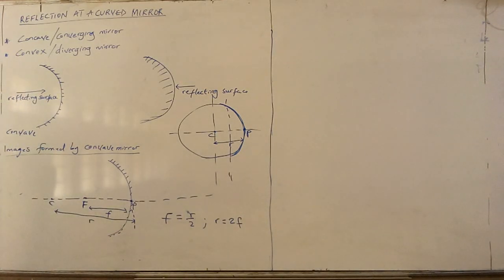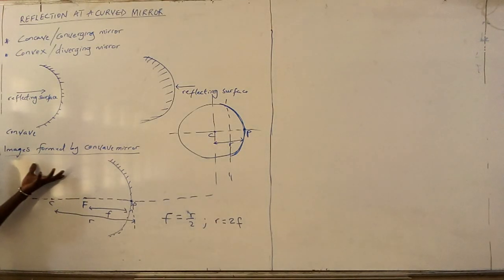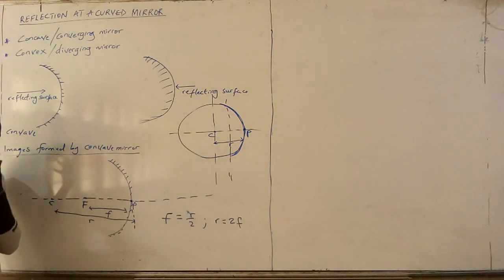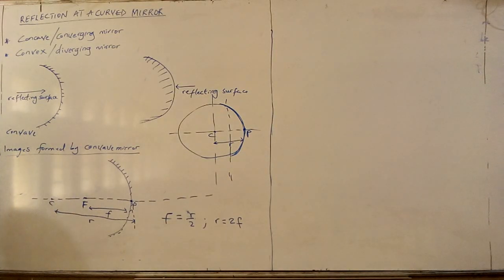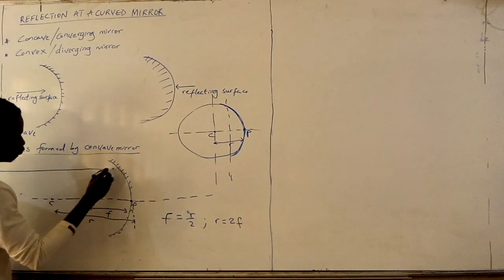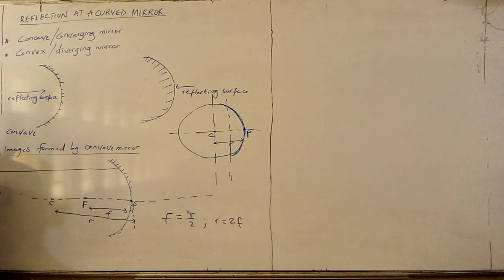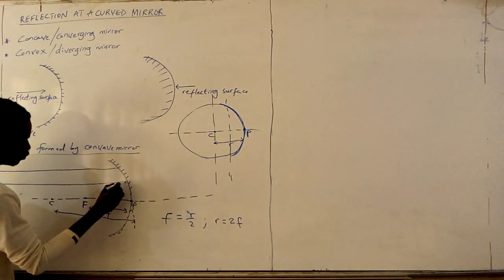Now we want to say how light rays fall when they hit this mirror. Let's say we have rays of light coming this way and they hit this way. Let me use two rays.